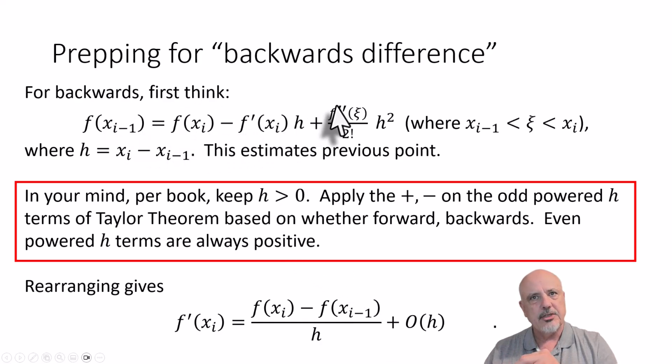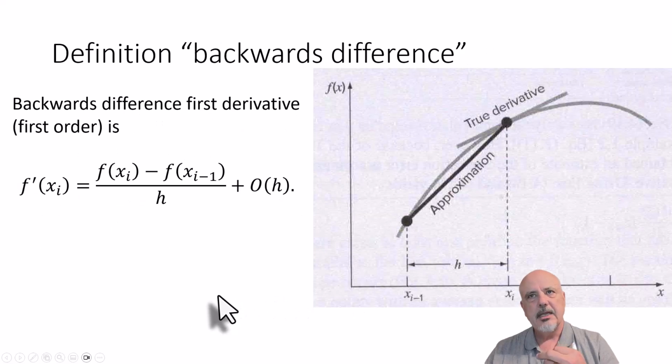If we take this equation and rewrite it to solve for f prime, you're going to see that it would be f of x sub i minus f of x sub i minus 1, divided by h, with h being a positive. So now that's the approximation of the true slope. That's what it looks like, and it's pretty good.